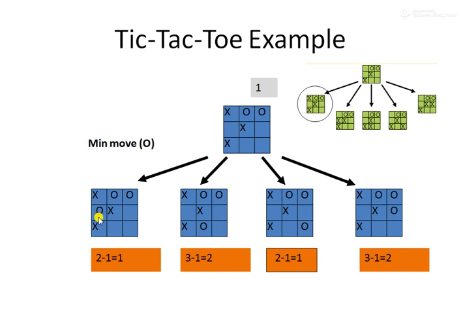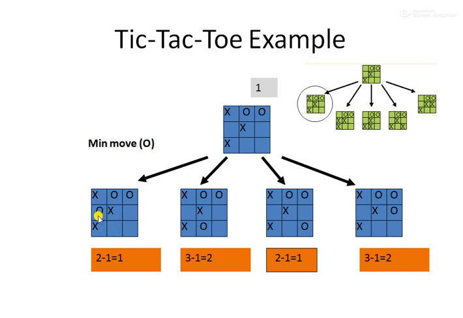Now in this position, if we want to calculate the evaluation value, our evaluation function says the number of positions open for max minus the number of positions open for min. The number of positions open for max is one in this direction and another in this direction, because if max plays at this point, there is a chance of winning.